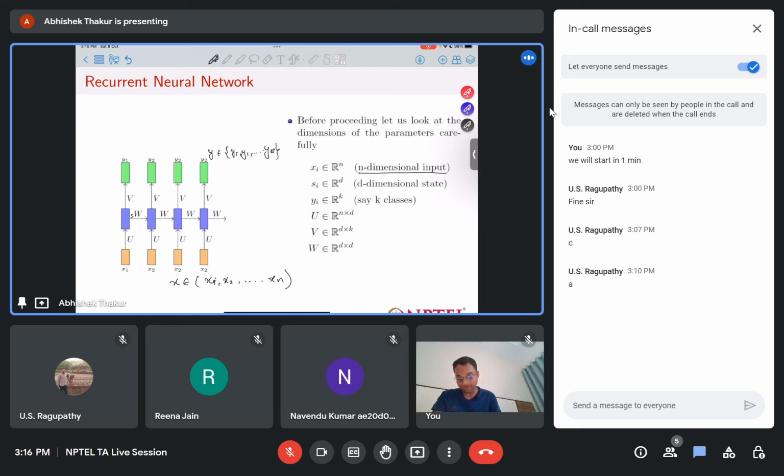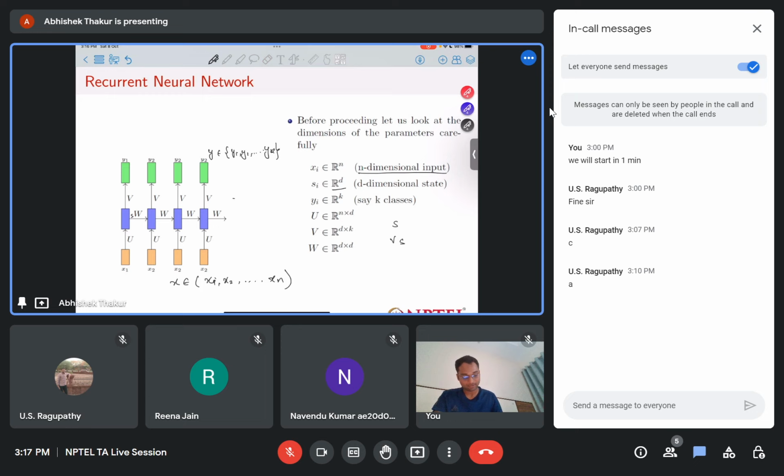And what will be our v? See, y is k, and s is d, so s is 1 cross d. If we multiply v with s, or let's suppose s is d cross 1 here, it is d-dimensional. If you multiply v with s, then only you are getting output. So output is k. Sorry, I have taken the transpose of it.